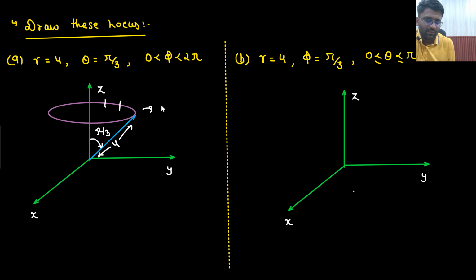You can call it a circle or a line, because it is neither a surface nor a volume, so it is a line only. So in the direction of phi, what is the small length? r was the distance, so r sin theta d phi.